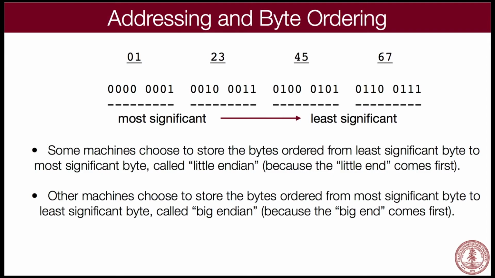Okay? If you look at these in bit order, you might think, okay, I'm just going to put the bits in memory in that order. Well, we don't actually do that all the time. As it turns out, what we do is we take these byte chunks and we store them in an order which can be either this byte, then this byte, then this byte, then this byte.